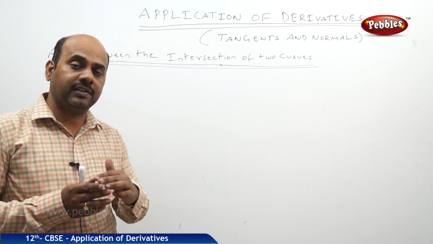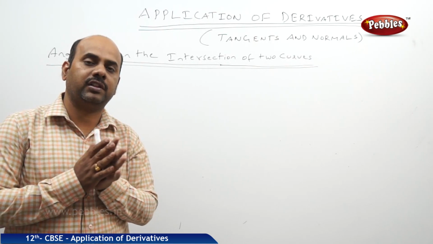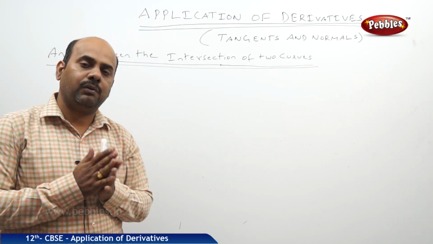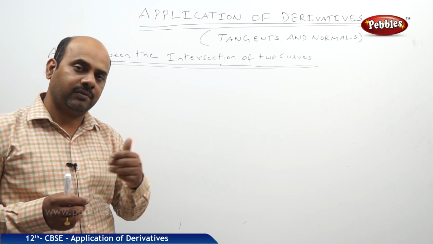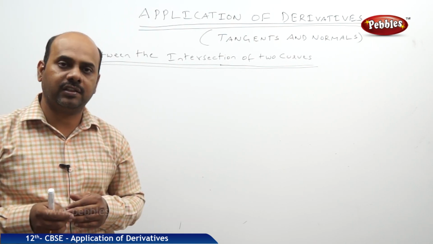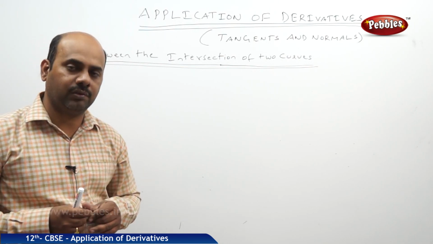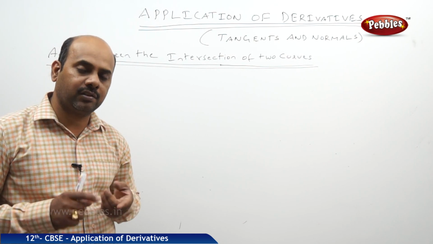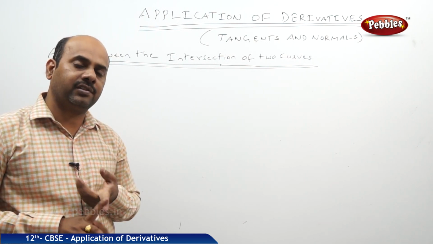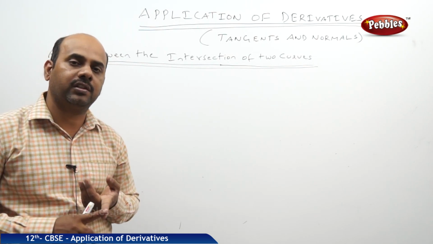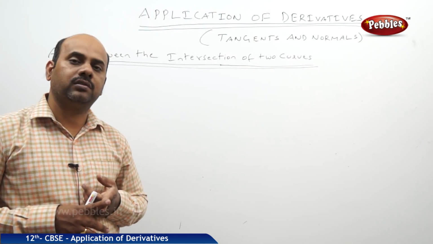When the angle between the tangents at their point of intersection is 90 degrees, then we call those curves orthogonal curves. That means two curves cut each other orthogonally.